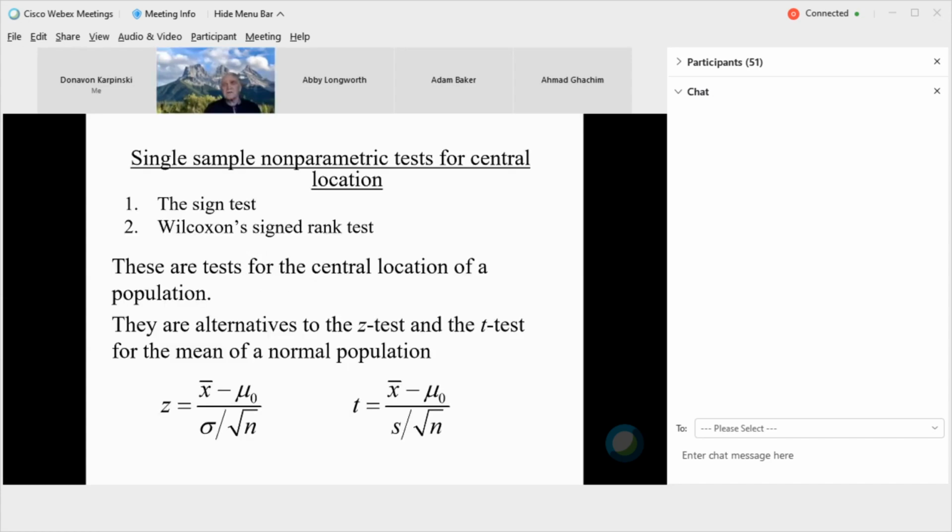So the non-parametric tests, there's two of them, the sign test and Wilcoxon's signed rank test. These are testing the central location of a single population, and they're alternatives to the Z test and T test, which do that exactly the same, but you assume the data is coming from a bell-shaped curve that is known except for two parameters, mu and sigma.